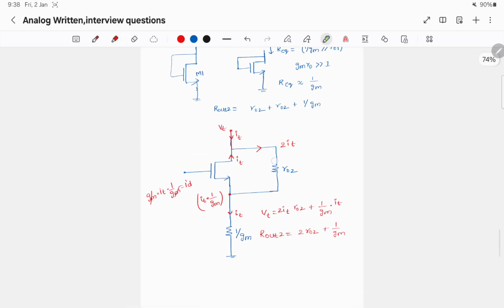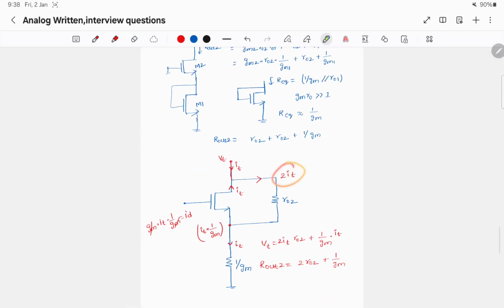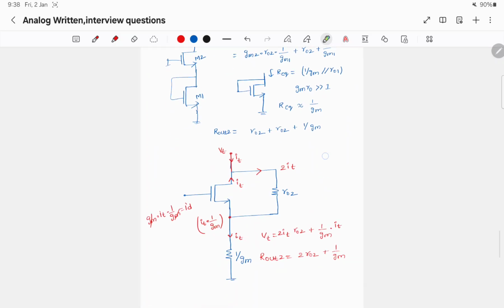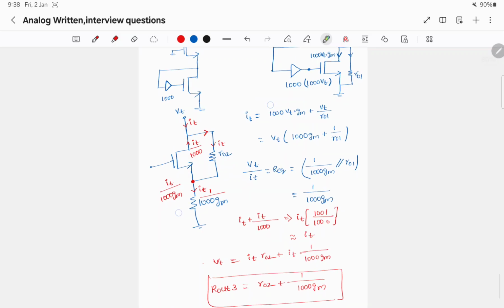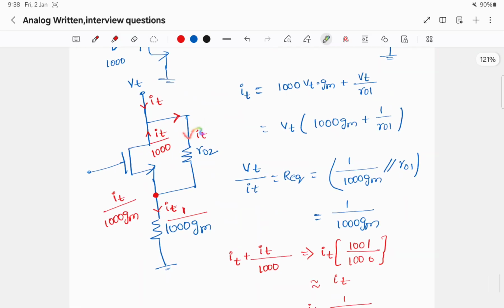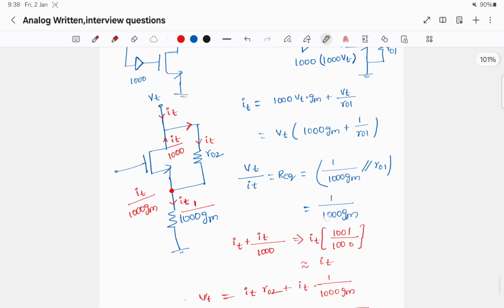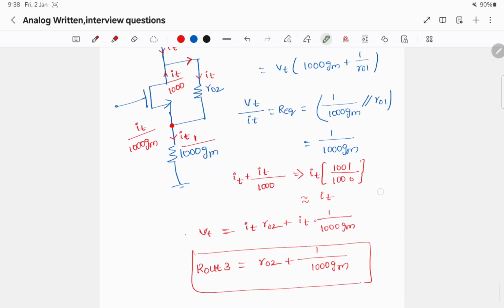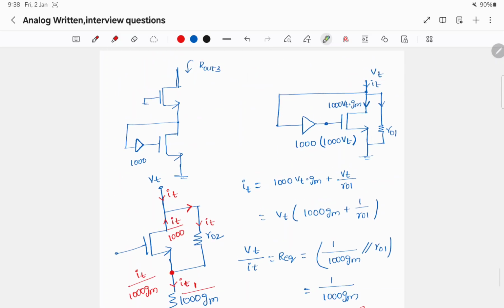Unlike the other case, where the current was 2IT, and in the first case it was (1 plus GM2 RO1) times IT. But in this case, the current flowing in RO2 is approximately IT, so the resistance will be RO2 plus this resistance 1 by 1000 GM. Thank you.